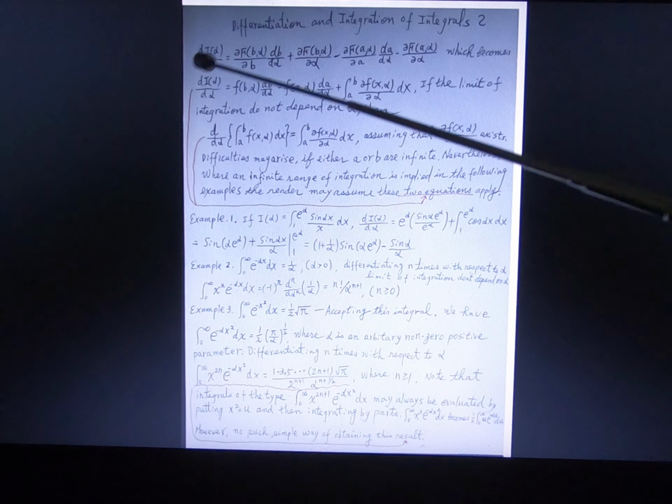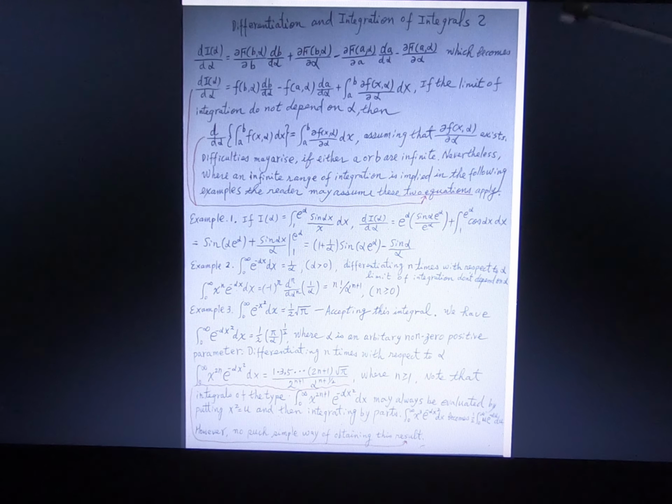Also, you can differentiate the integrands like this. So actually the expression becomes this. And if the integration limits from a to b do not depend on alpha, then it actually becomes this expression.